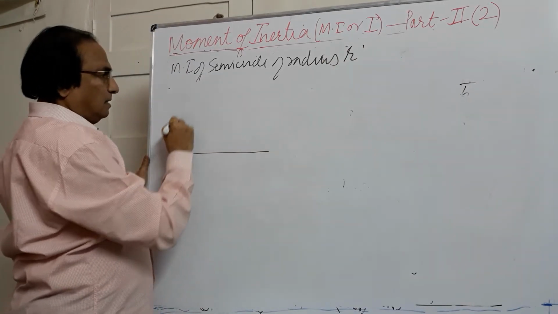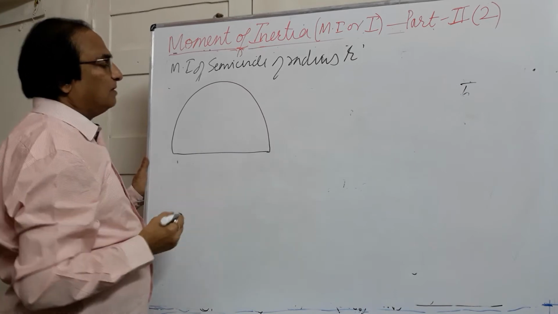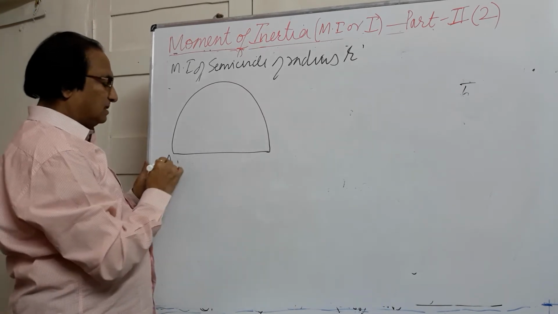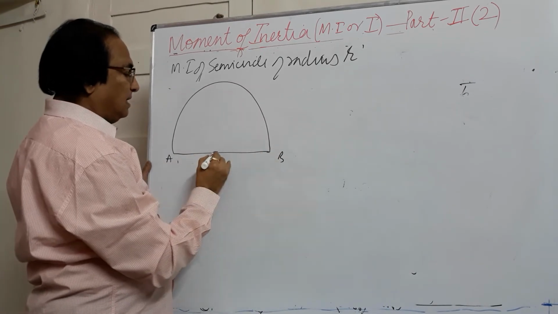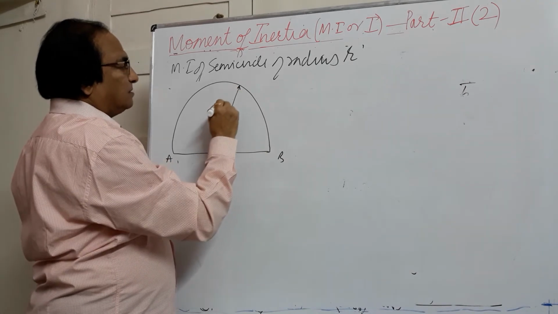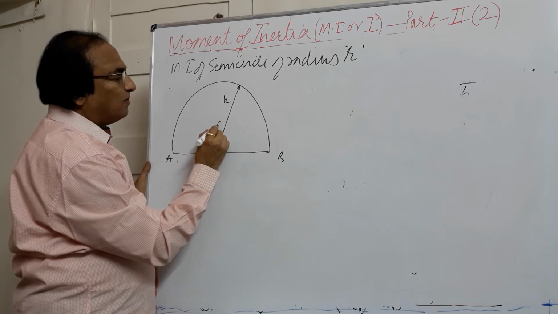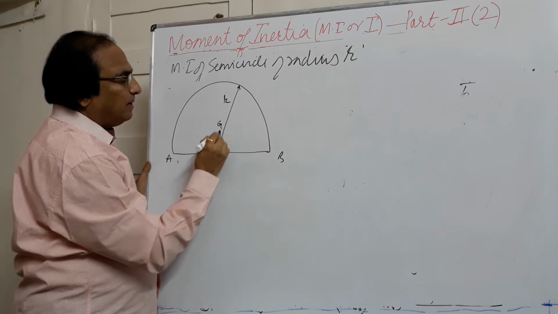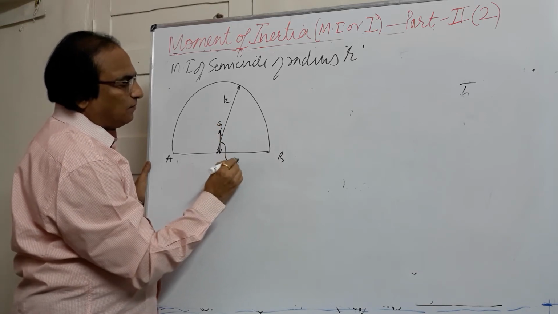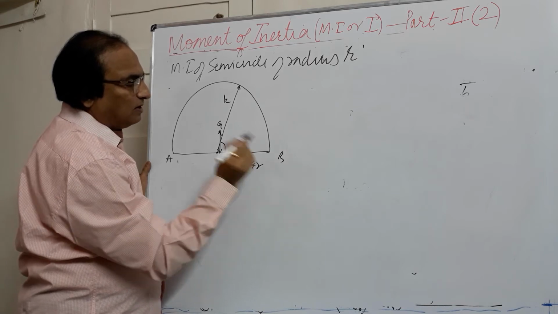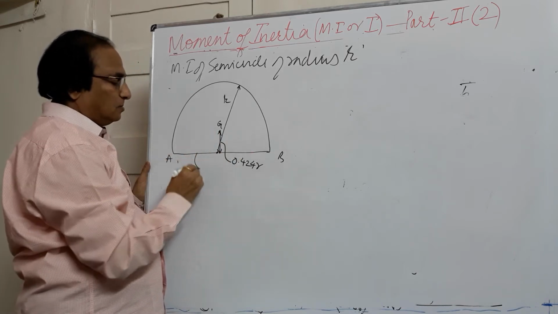Let us make use of the moment of inertia of a circle. This is the diameter AB. Let the radius be r. We know the distance of the centroid of a semicircle from its base is 0.424 r. We have derived this from the diameter. So this is the diameter.